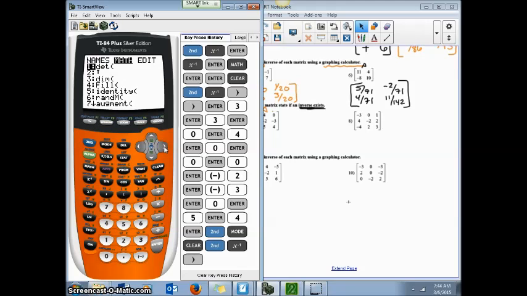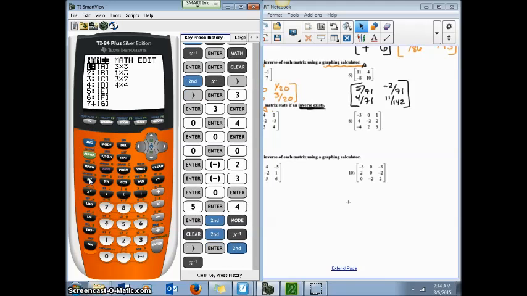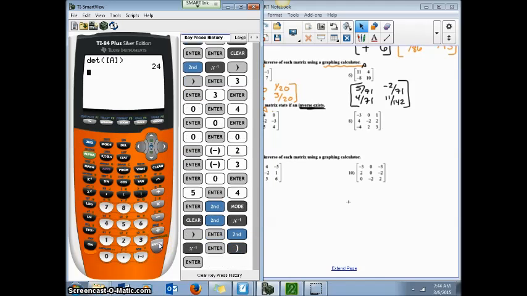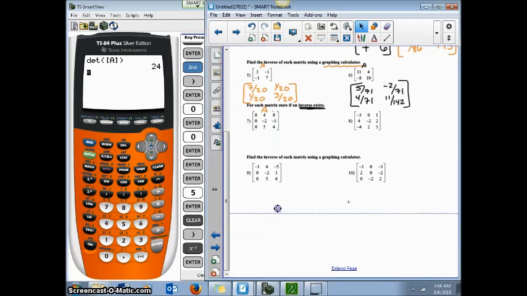Remember that's under math, and it's your first one. And then tell it matrix A. And it's 24. So does this one have an inverse? Yes, it does. Okay, so try 8, and then go ahead and try to do 9 and 10 on your own. So do 8, 9, and 10, and do it all in the graphing calculator, and then pause it, come back, and I'll give you the answers.